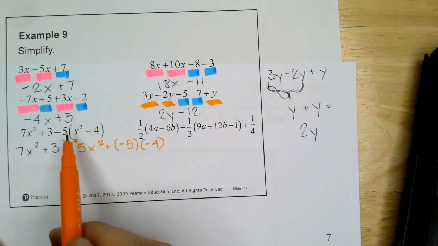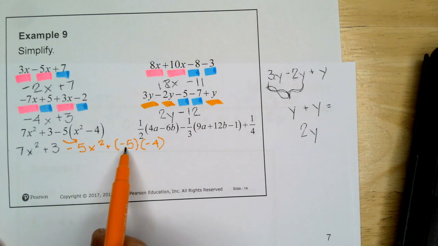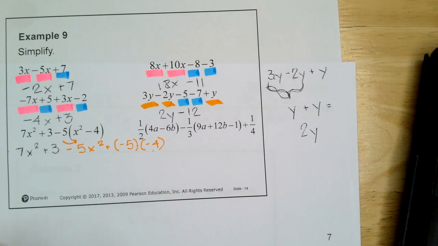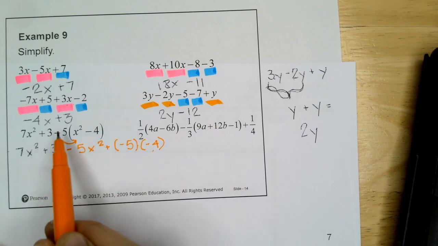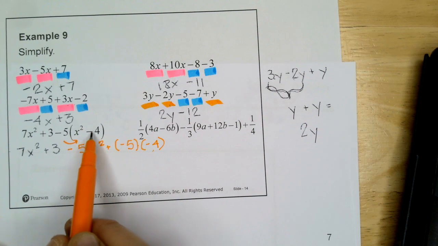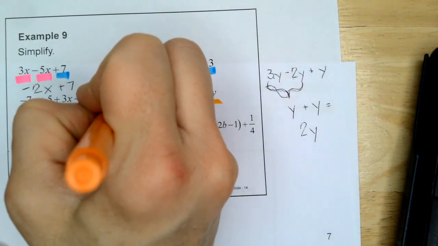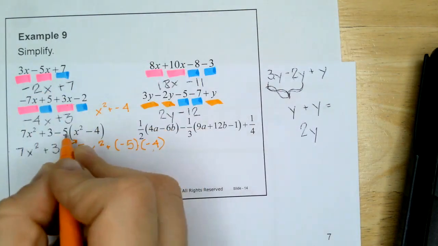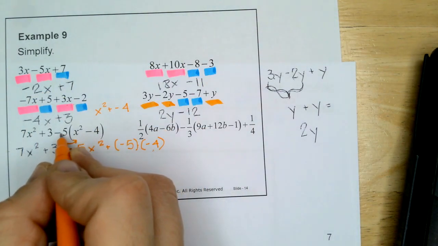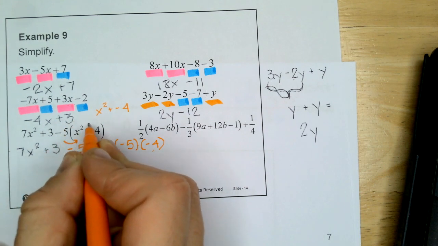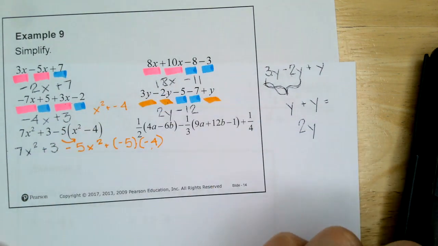Okay, so you don't have to write it as plus negative 5 times negative 4, but I don't want to miss any of the subtraction signs. So I'm combining x squared with a negative 4. I'm thinking of that in my head as x squared plus negative 4, because then I can insert that negative 5 in between the plus sign and the negative 4.